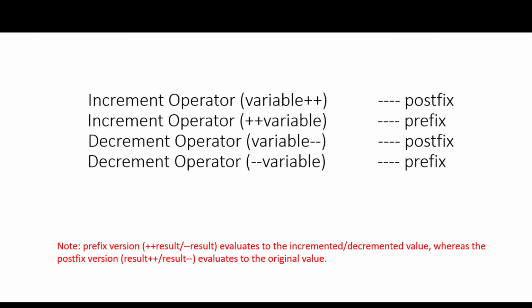The prefix version, plus plus result, evaluates to the incremented value, whereas the postfix version, result plus plus, evaluates to the original value. If you are just performing a simple increment or decrement operation, it doesn't really matter which version you choose. But if you use this operator as part of a larger expression, the one that you choose may make a significant difference. Let's see how.